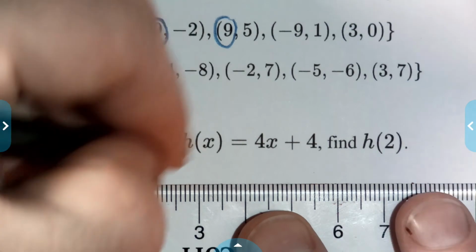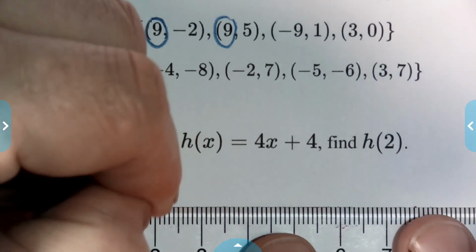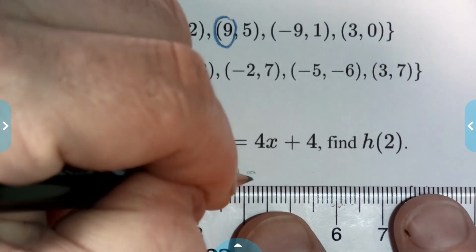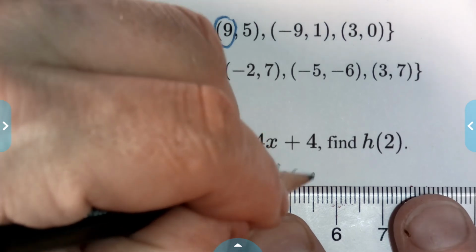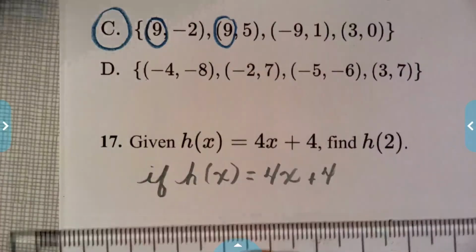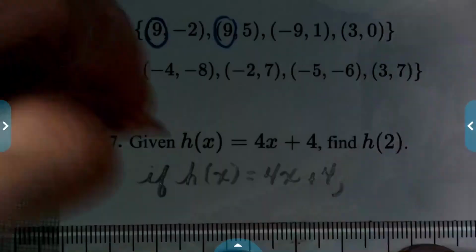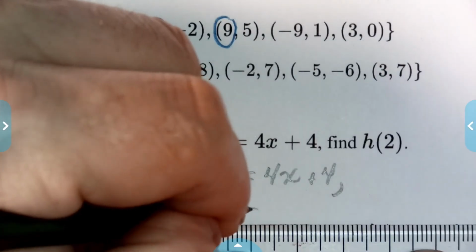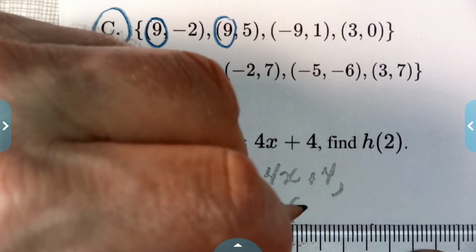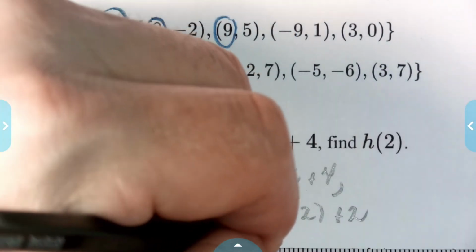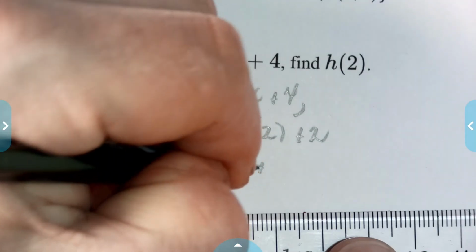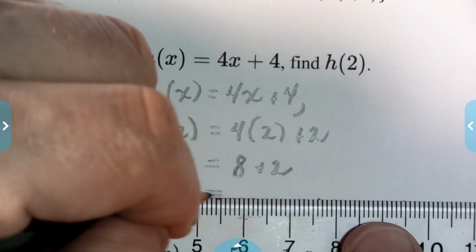The way I like to write this is: if h of x equals 4x plus 4, and then I put a comma, which means then h of 2 equals 4 times 2 plus 4, which equals 8 plus 2, which equals 10.